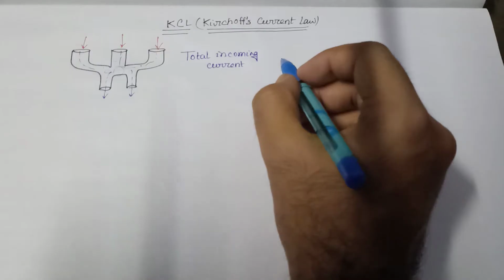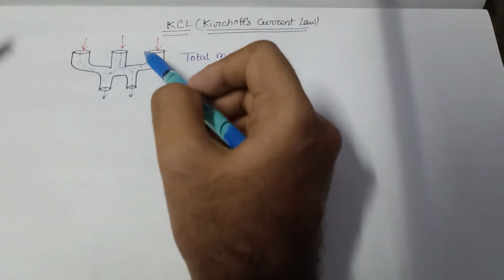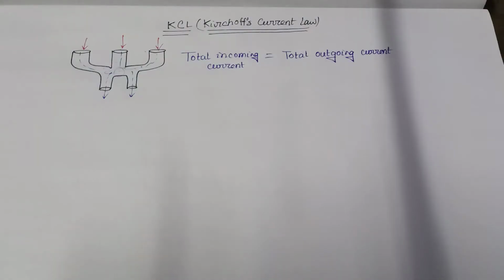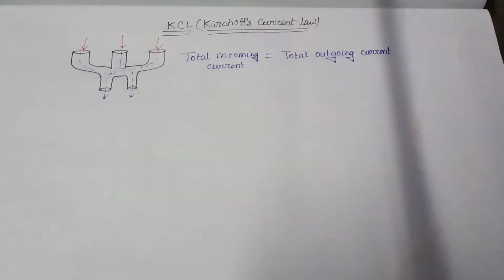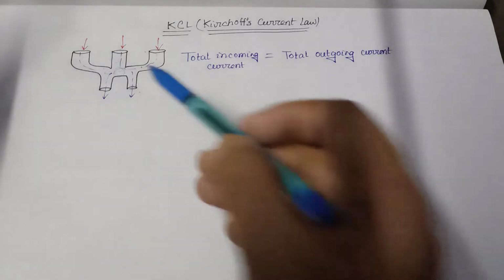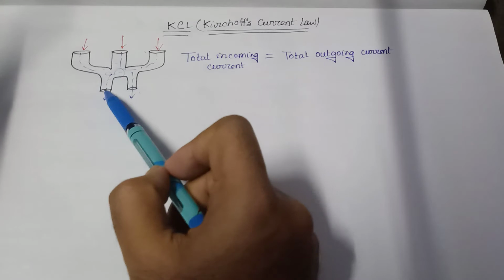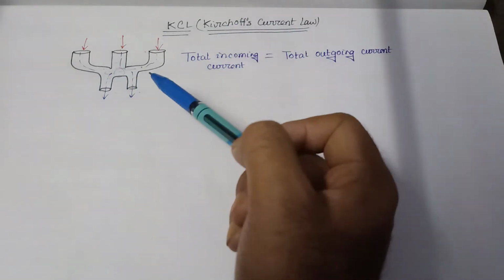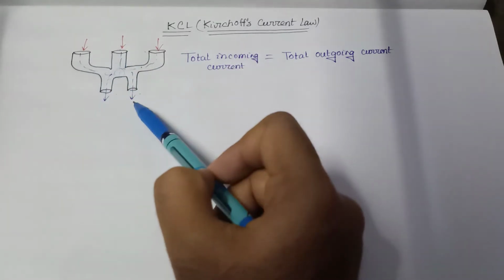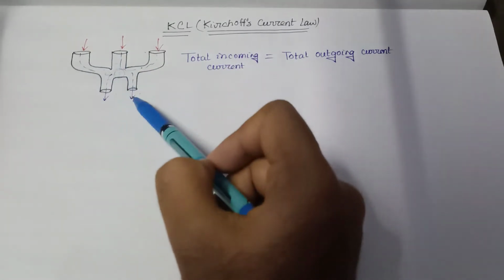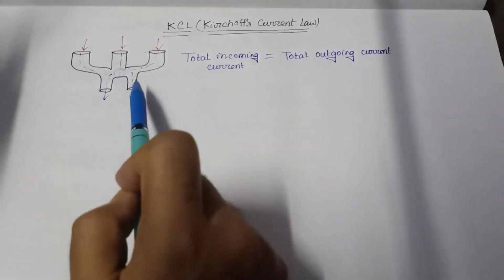So can I write that total incoming current, from here, here and here, is equal to total outgoing current from this and this terminal, because no water is being stored in this system, which means the net amount of water flow will be zero. The incoming current will be equal to the outgoing current. So the whole amount of water will be removed, and there will be no water storage.